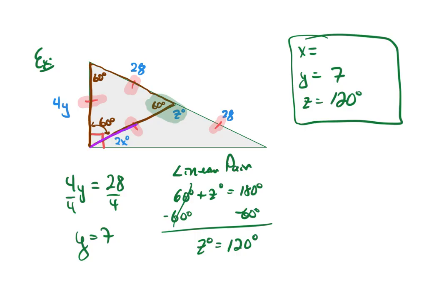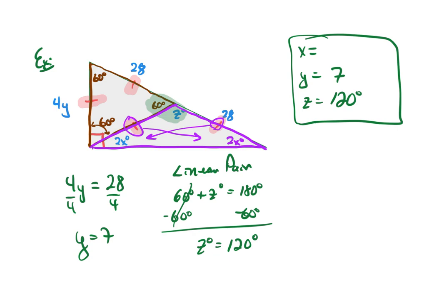If you look at this lower triangle that I'll outline in purple, it has two equal sides. So therefore it is isosceles. So the two angles across from the equal sides have to be equal. So if the angle in the lower left is 2x, the angle in the lower right is 2x.